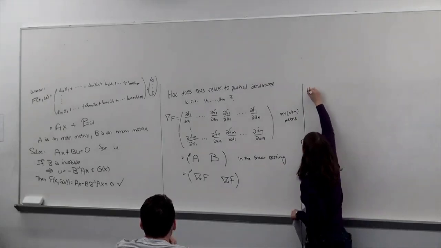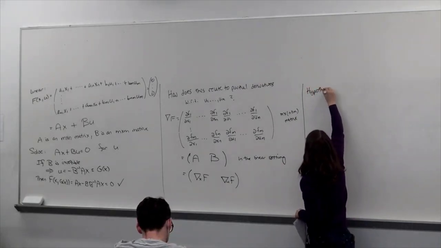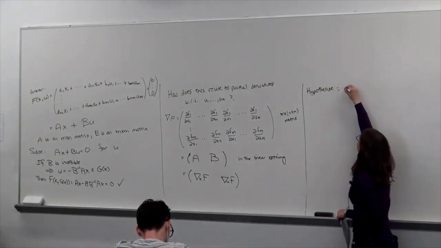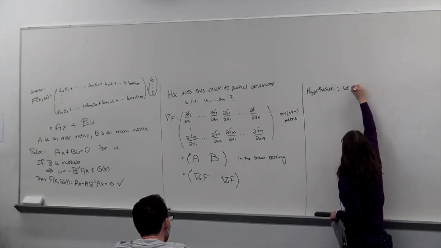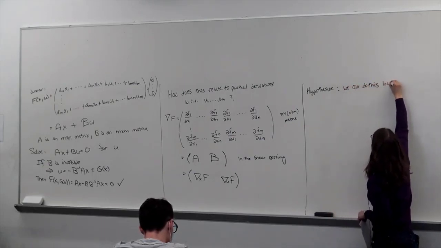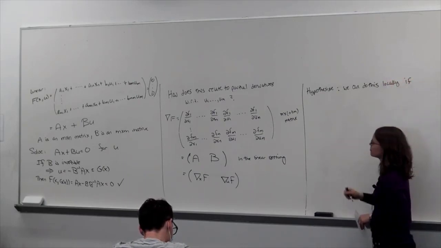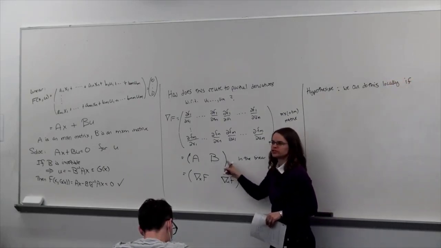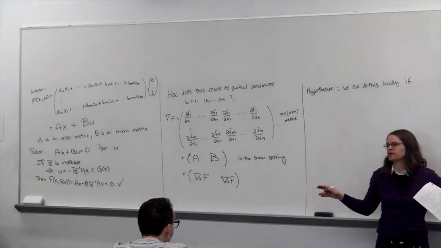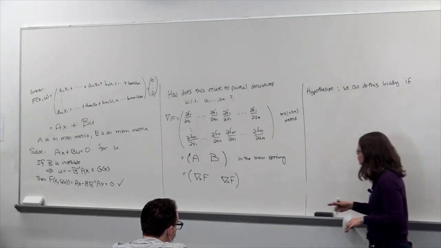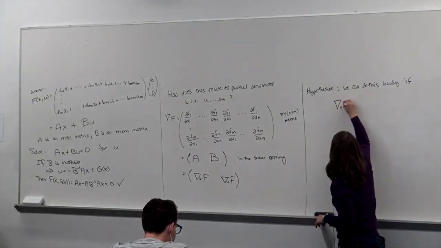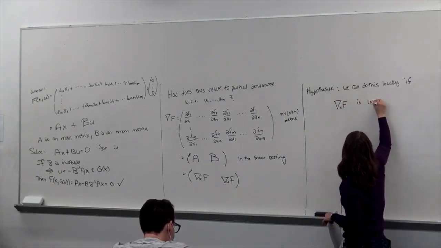So we're going to hypothesize we can do this locally if this part of the Jacobian is an invertible matrix. The whole Jacobian is not invertible because the entire Jacobian is not a square matrix. But let's focus in on the things we're trying to actually solve for, if this guy is invertible.